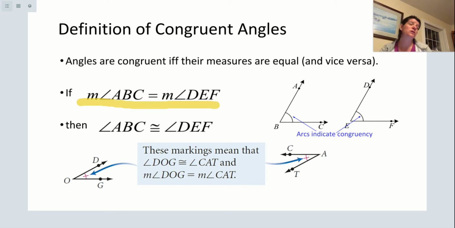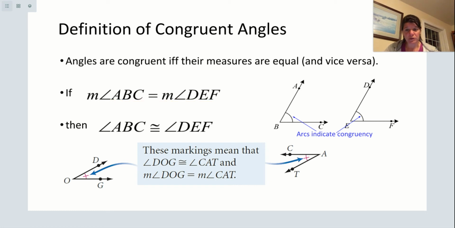So we're talking about, for our situation, degrees. If you're familiar with radians, that's another way that we can measure angles. But for our purposes, mostly we'll be doing degrees. So that M indicates a number that we're looking for, the measure of the angle, whereas the angle by itself means the figure. So again, measures are equal and figures are congruent. Okay, that equals with a squiggly line is congruent.